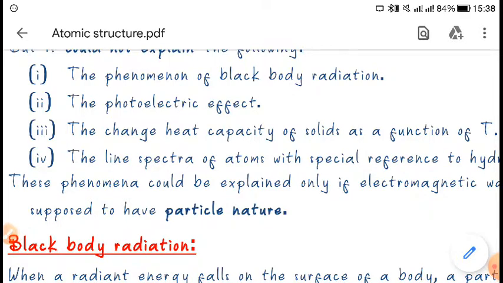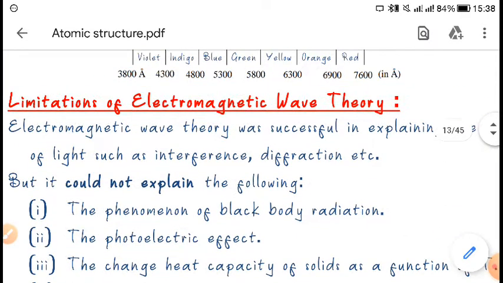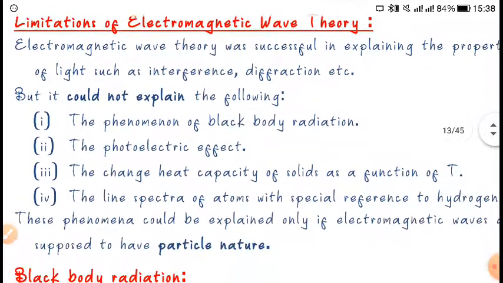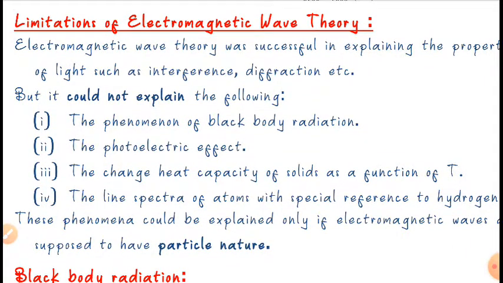So the electromagnetic wave theory was successful in explaining properties of light such as interference and diffraction, but it could not explain black body radiation.